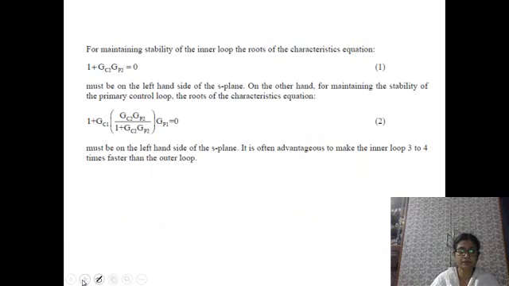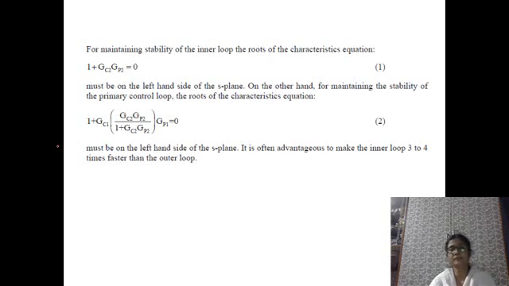if we obtain the transfer function of the inner loop, the roots of the characteristic equation, this much equals 0, must be on the left hand side of the S plane. On the other hand, for maintaining the stability of the primary control loop, the roots of the equation for the whole system, this must equal 0, and be on the left hand side of the S plane.